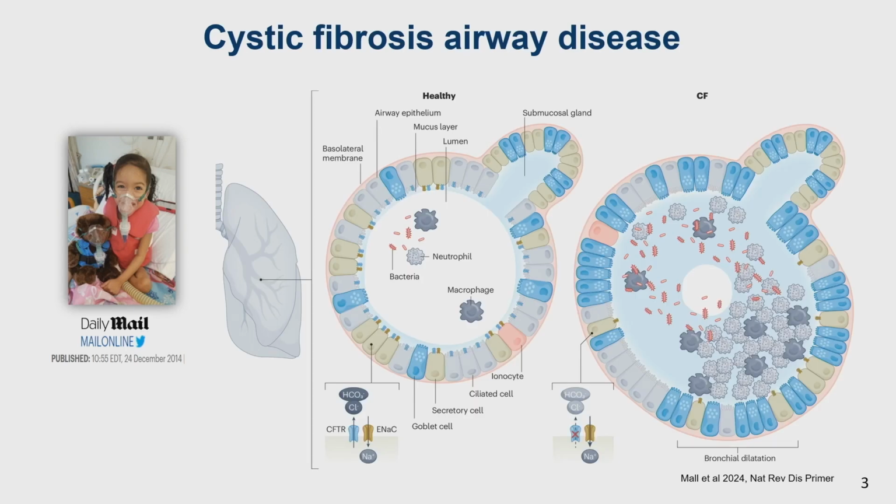One of the most common clinical manifestations of CF is airway lung disease. We now know that healthy airways have a thin layer of mucus. The pathogens are inhaled, and neutrophils and macrophages are always there to clear any infection. Whereas in CF lungs, there's a lot of muco-obstructive disease because of a triad of mucus plugging, influx of neutrophils and macrophages, and also a lot of bacteria and fungus causing infections.